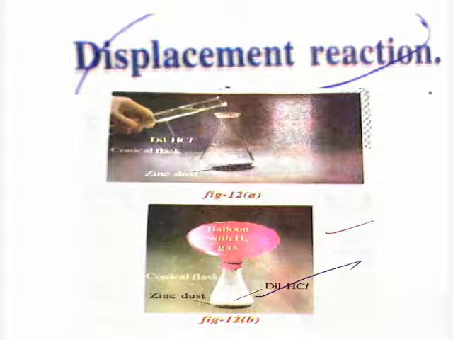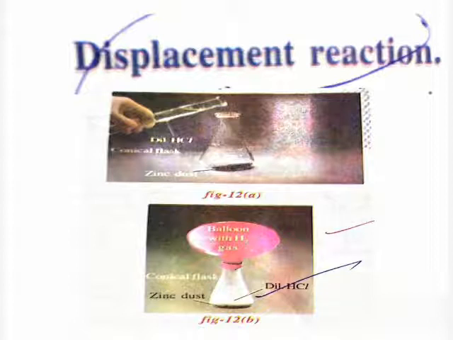Let us observe the reaction in the following activity. We discussed that metals which are more reactive than hydrogen displace the hydrogen from its acids.